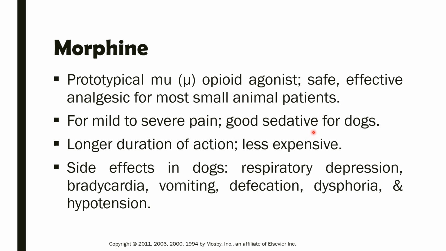When we compare it with other commonly used mu opioid agonists, morphine has a longer duration of action and is less expensive. The side effects of morphine, particularly in dogs, are generally dose and route of administration dependent, and include respiratory depression, bradycardia, vomiting, defecation, and dysphoria. We also have histamine-related vasodilation and hypotension.